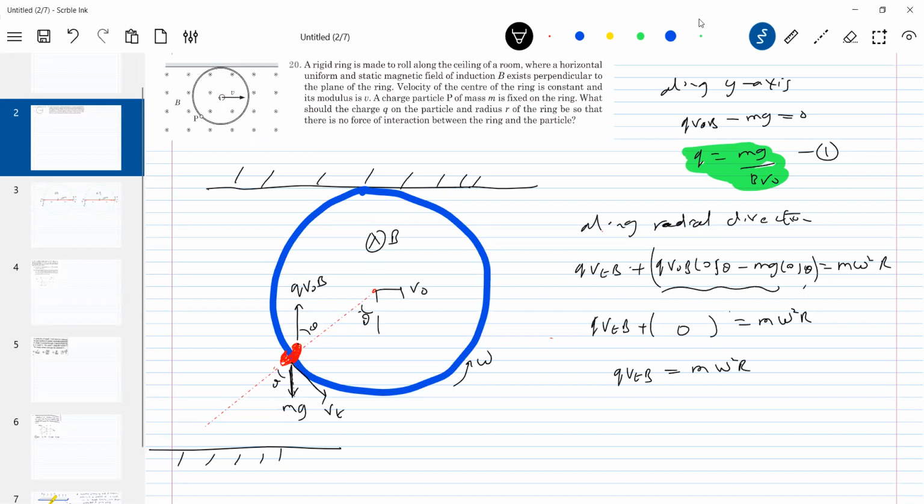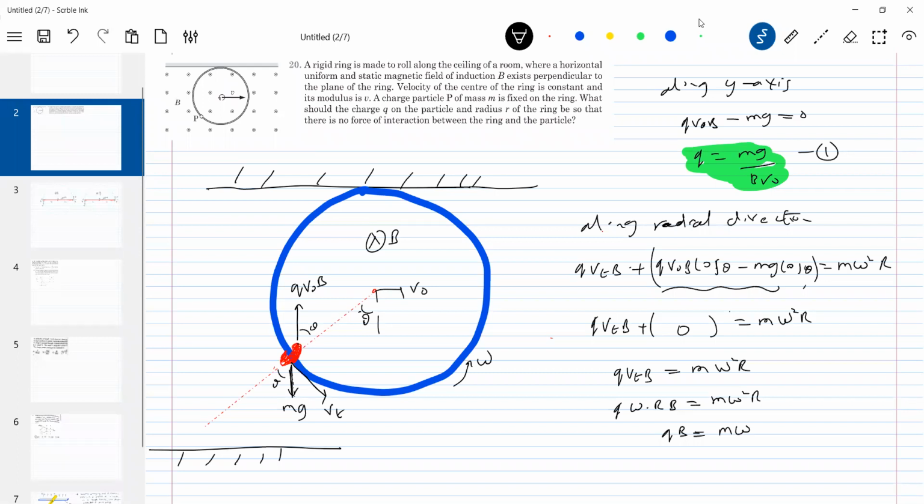Okay, let's come to substitution. What is VT, the tangential velocity? Omega naught r. So Q omega naught B r equals m omega square r. Q and one omega also get cancelled, so in total QB equal to m omega.